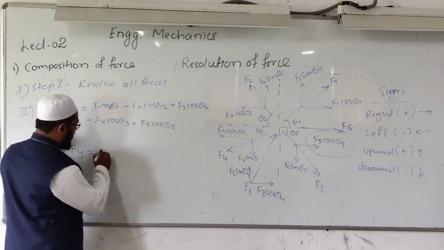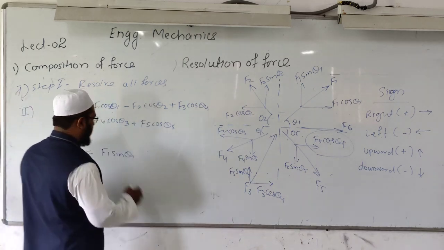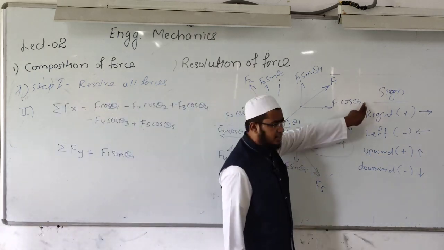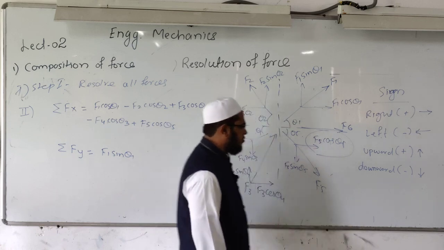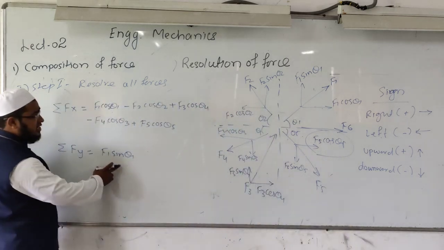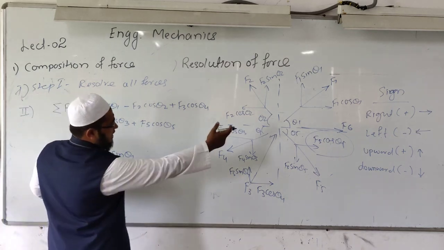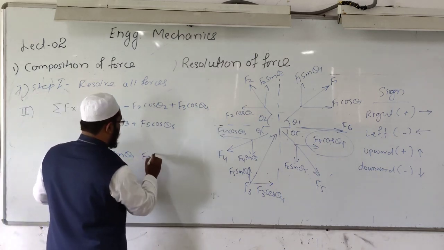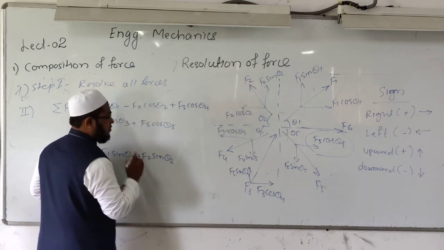Similarly, algebraic sum of vertical forces. F1 sin theta 1, it is upward. According to our sign convention, we have decided which one is taken as positive, which one as negative. Upward will be positive, downward will be negative. Sin theta 1 is upward, it is positive. Second force, F2 sin theta 2, it is also upward, positive.